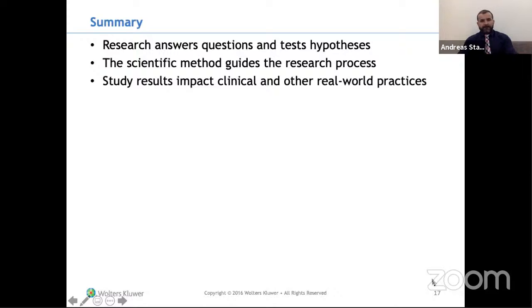These are pretty much our take-home points. I talked about the research method, which is really important, which is there to answer questions and test hypotheses, however you want to take it. The research method is the gold standard right now in research. We talked about other ways to do research that are not scientific, but could be helpful.